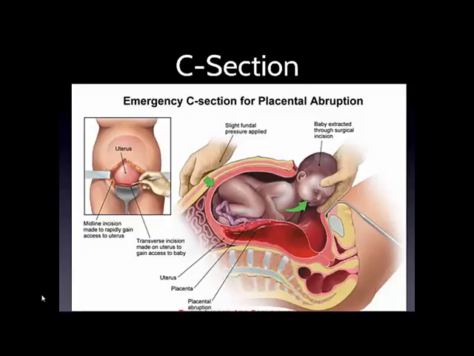Once they remove the baby, as long as it's healthy, they can give it right to the mother so that she can nurse it and bond with the baby right away. Sometimes the baby may need more care, and they may have to take it right away and make sure it's breathing well and its heart rate's appropriate. So it depends on the situation for the baby what they're going to do with it.